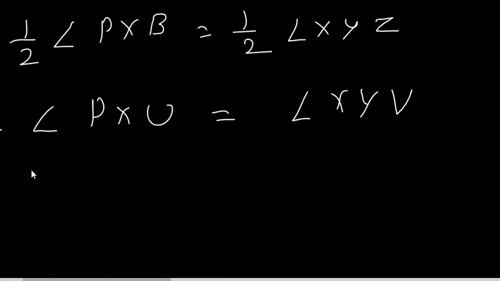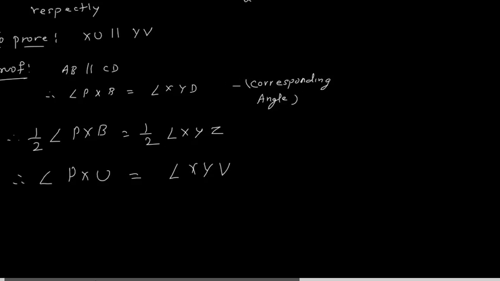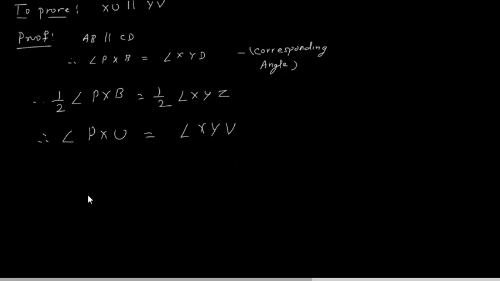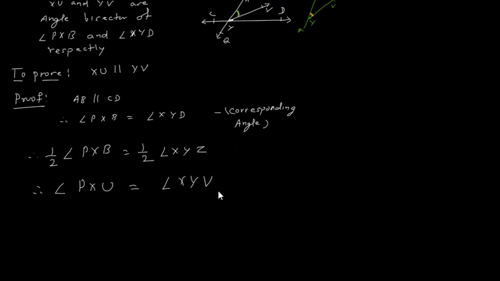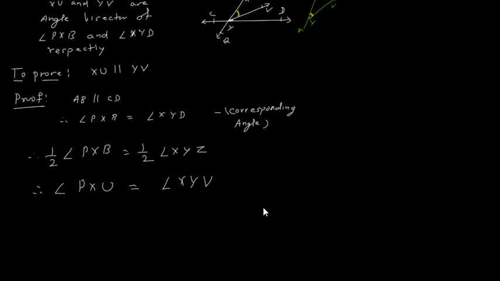So here again in our problem, you can see the diagram also. These two angles are equal. Therefore, we will say that this line XU is parallel to YV. What is the reason?